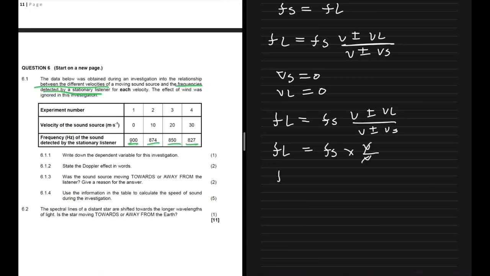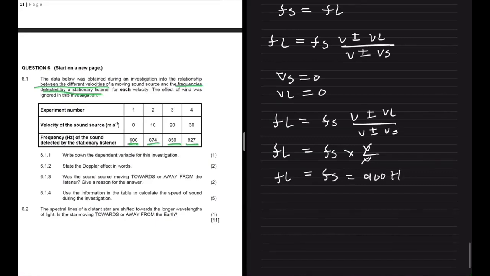This and this just cancel out, so FL equals Fs. So the frequency emitted by the sound source is basically 900 Hz if you look at experiment 1 and pay attention to details.